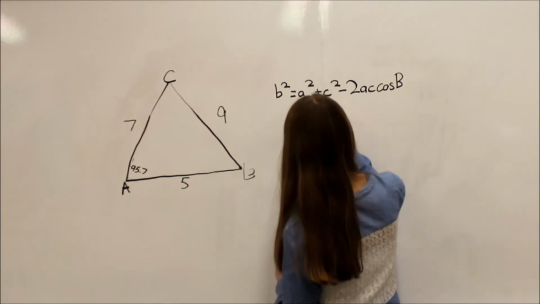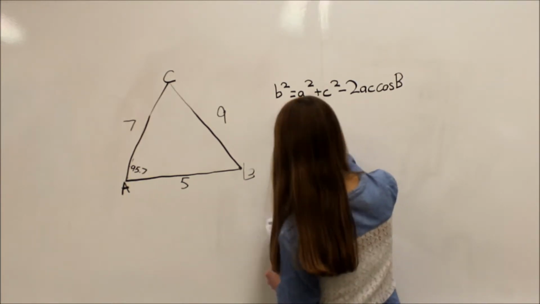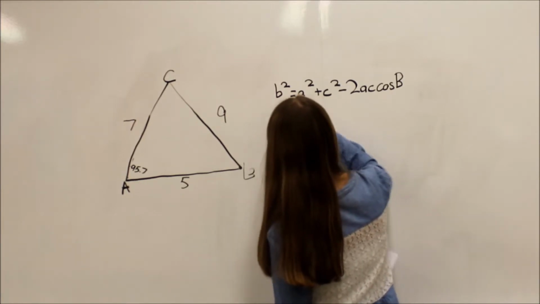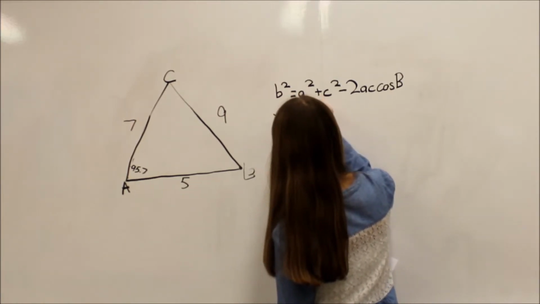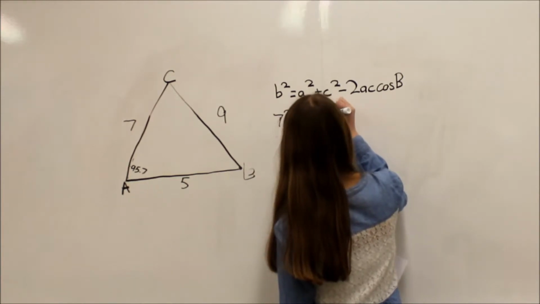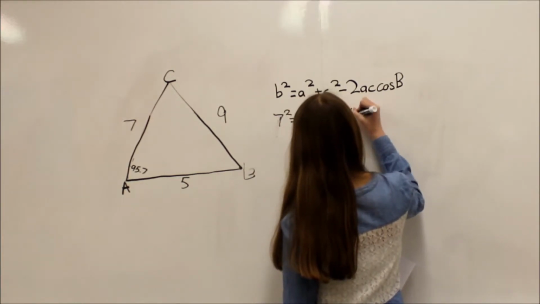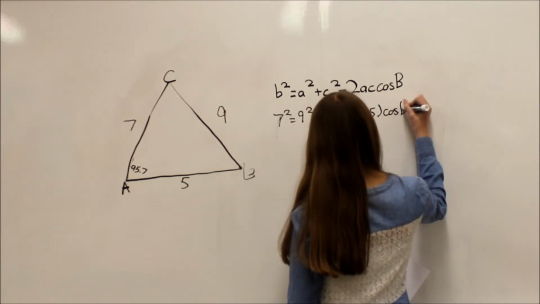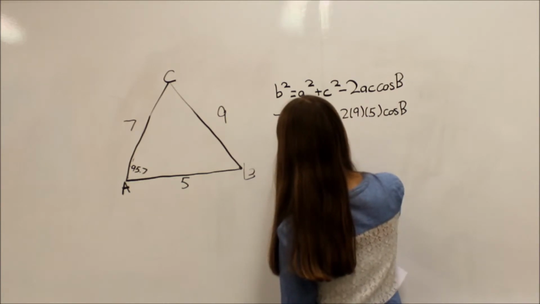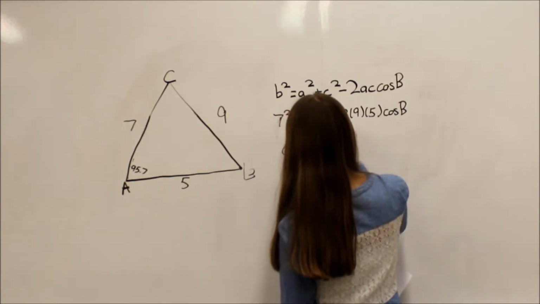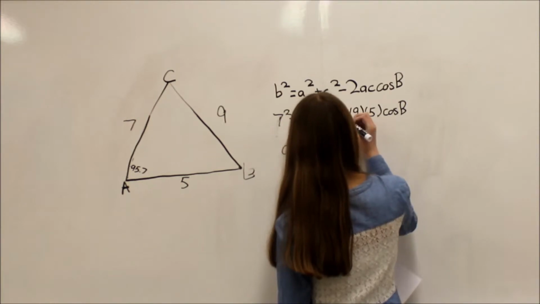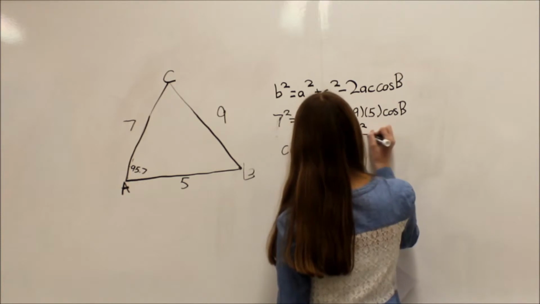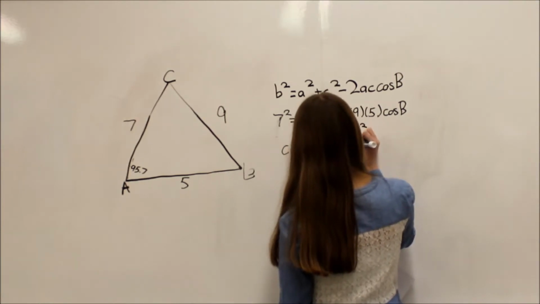First you need to plug in the numbers, so you would have that 7 squared equals 9 squared plus 5 squared minus 2 times 9 times 5 cosine B. So then you solve that for cosine B, and you would have that equals 7 squared minus 9 squared minus 5 squared over negative 2 times 9 times 5.